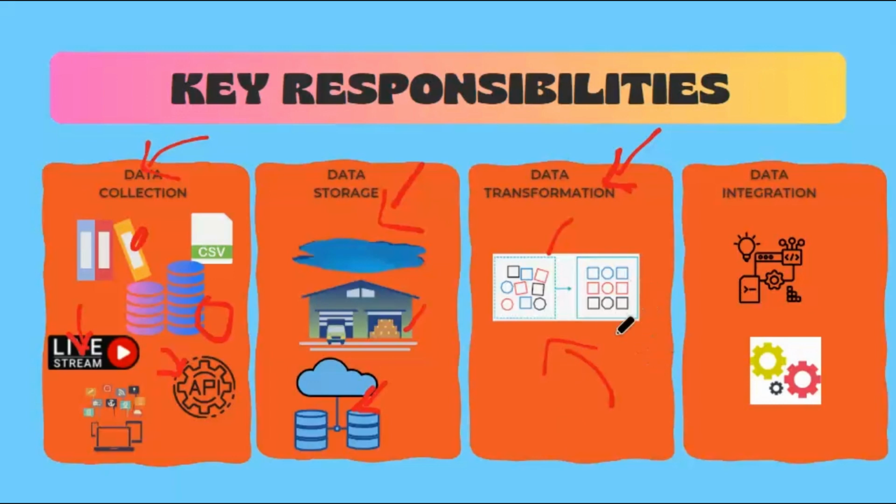Once the data is transformed, it needs to be integrated. As we have collected the data from different sources, it needs to be unified and provide a comprehensive view. This involves designing and developing data pipelines, as data needs to be processed on a daily basis.